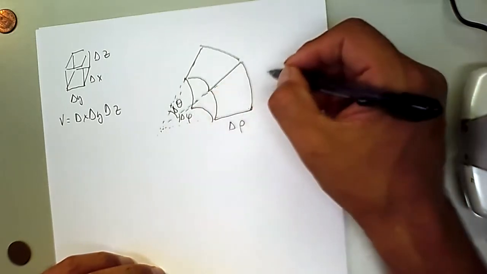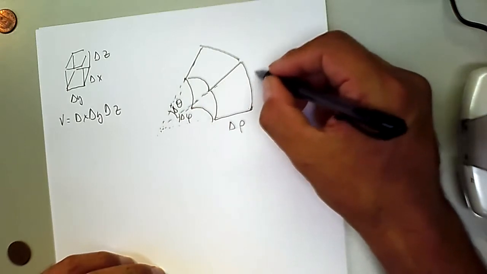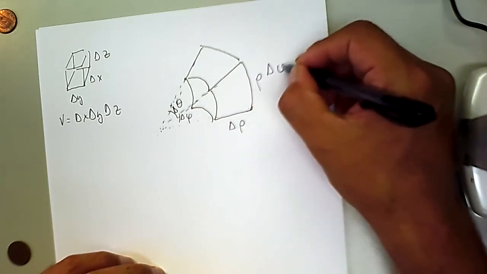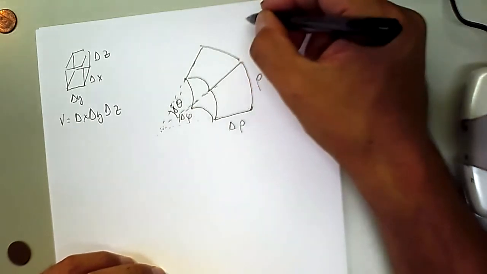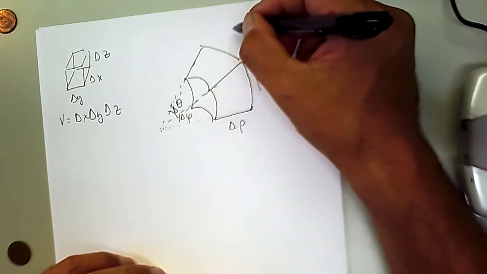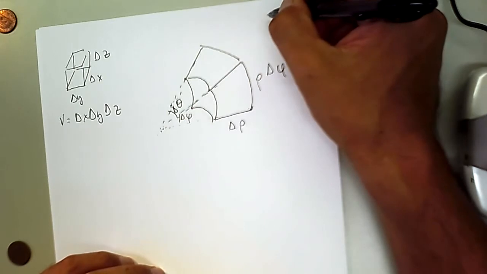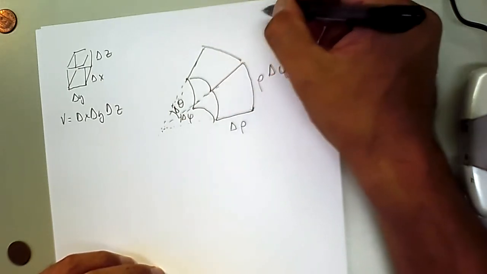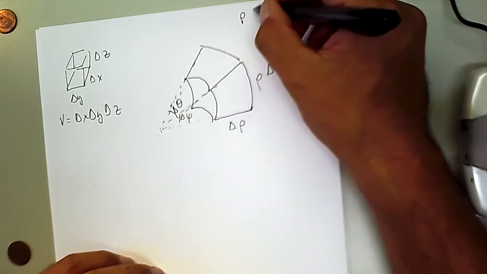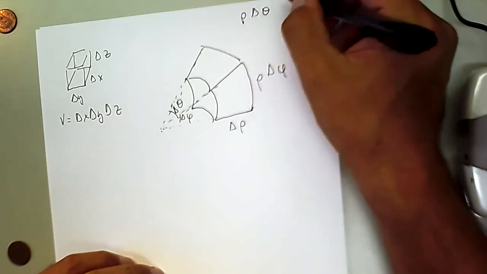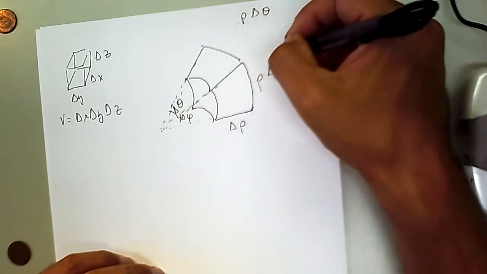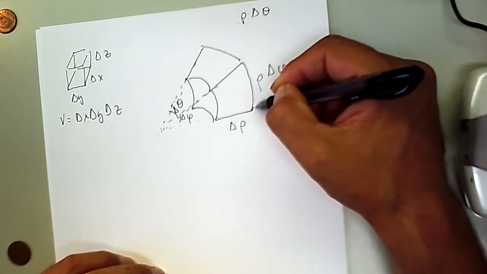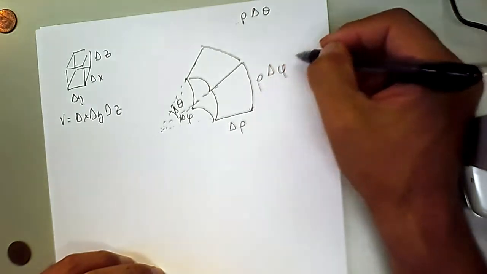If we assume the angle is delta phi, then this is rho delta phi. And you may think, well, so that side should be rho delta theta. It's not rho delta theta. So I'm going to put rho delta theta a little far away, and I'm going to cross it, because we're thinking, well, this is going down, so the arc is just rho delta phi.